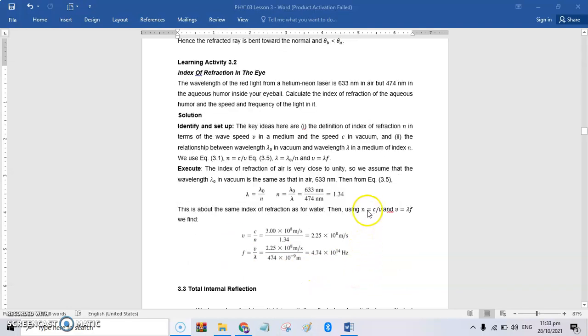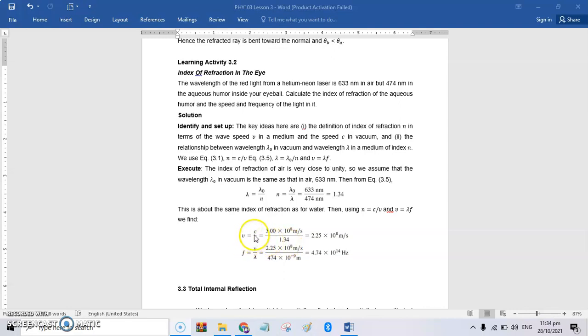Then using this relationship, index of refraction equals c over v, and v equals wavelength times frequency. We can find that the speed of light in that material, in the second material, the humor inside your eyeball, is equal to the speed of light in vacuum, 3 times 10 to the positive 8 meters per second, over the index of refraction na 1.34.